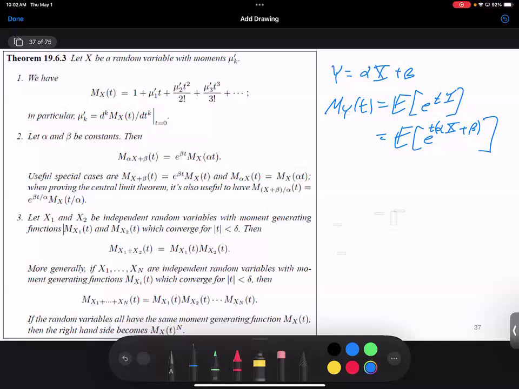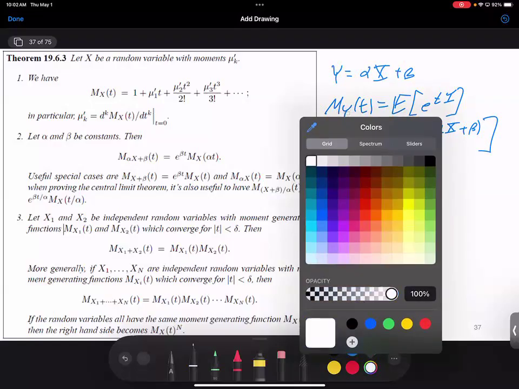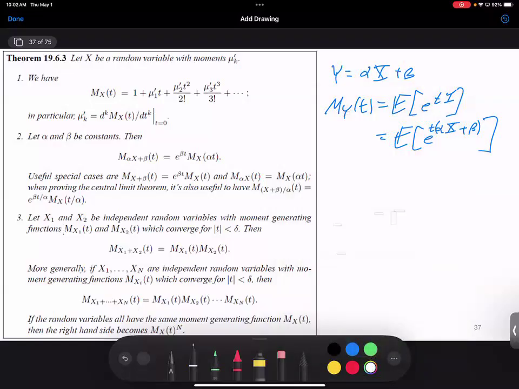Okay, the next one is one of the reasons why the moment generating function is so useful to look at. So if x1 and x2 are independent random variables with moment generating functions mx1 and mx2, then the moment generating function of the sum is the product of the moment generating functions.